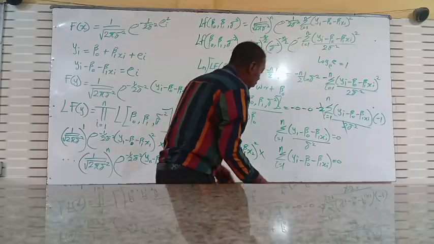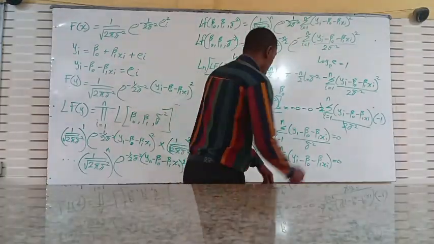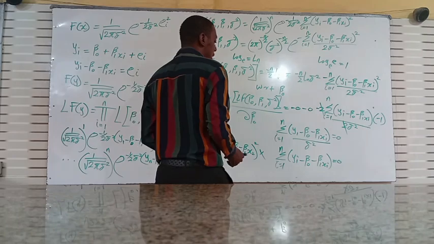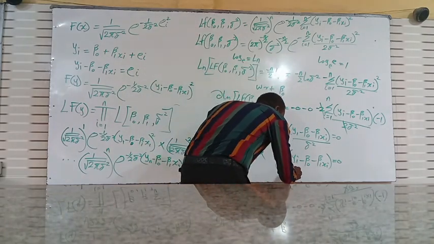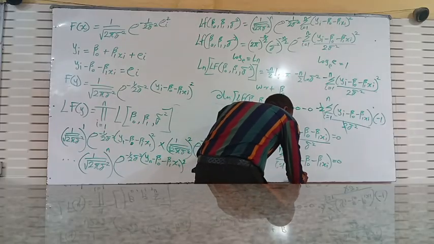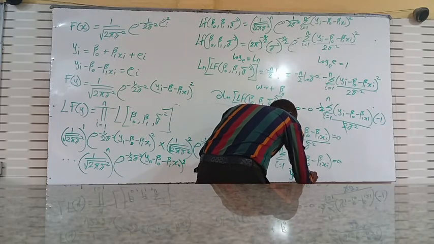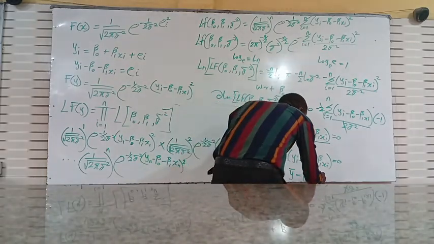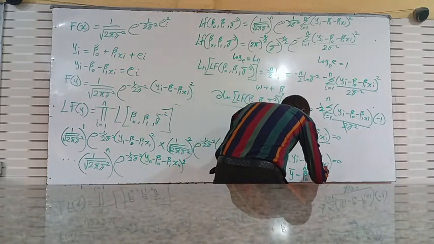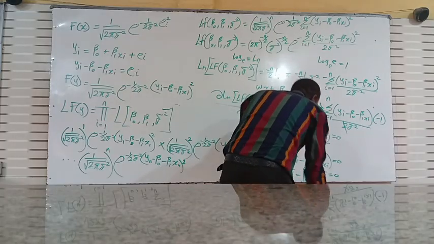Now, if I open the bracket using this, I'm going to have the mean of y, here I'm going to have b naught cap, b1 cap followed by the mean of x, equals 0.